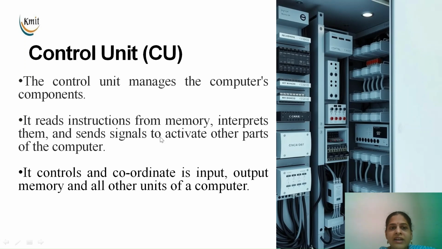Based on that, it sends the signals to all other parts to perform that particular operation, and it controls and coordinates the input, output, memory as well as the other units of the computer. So the control unit is mainly responsible for providing coordination between all the parts of the computer for the smooth execution of the user programs or instructions given by the user.